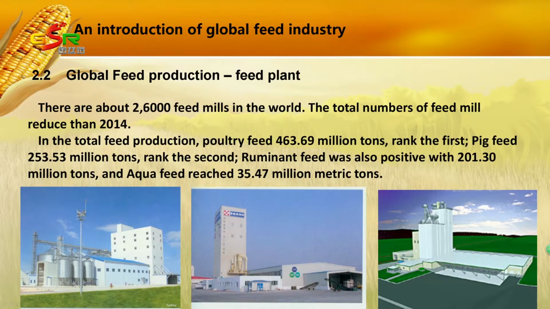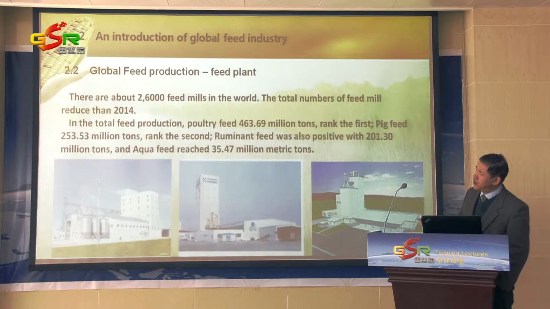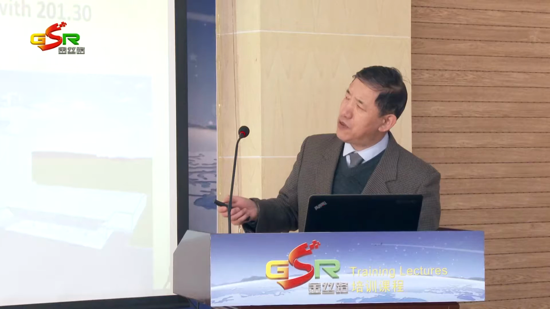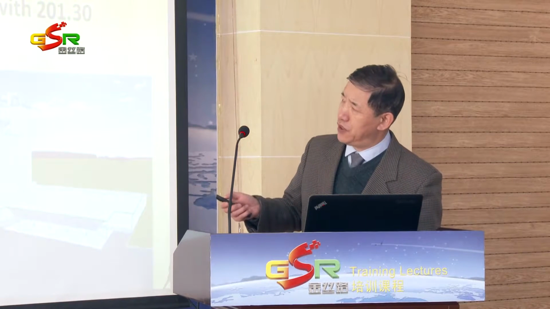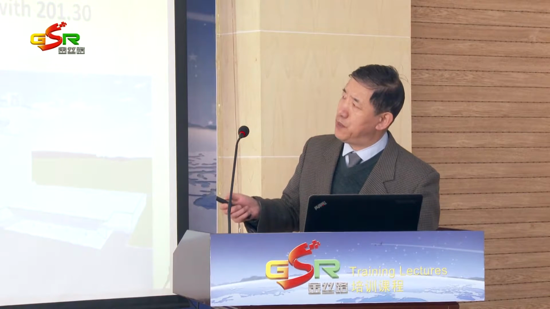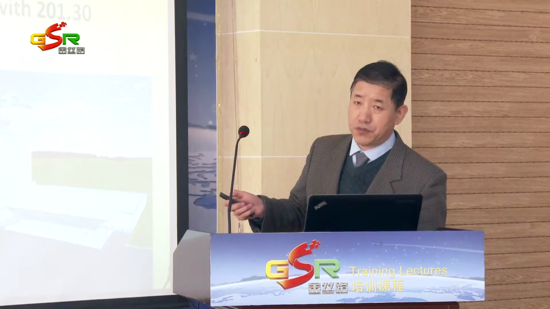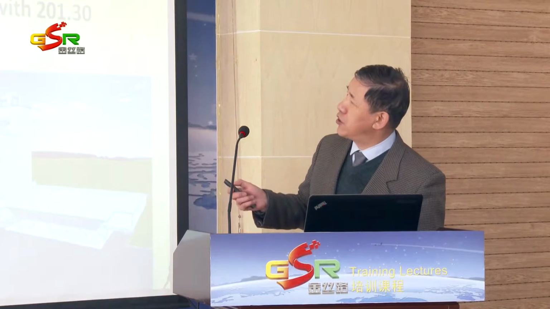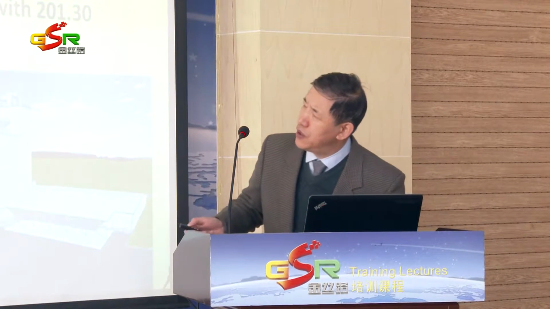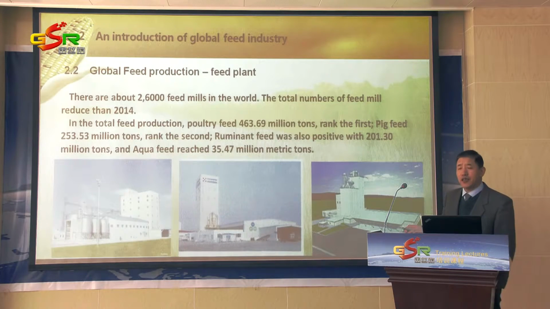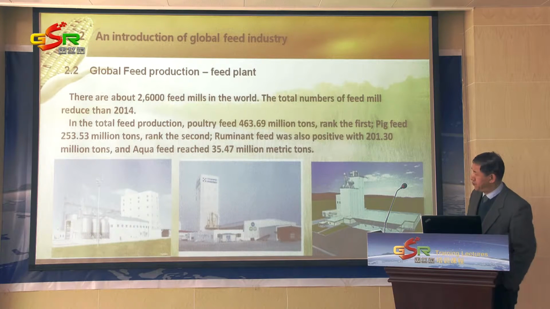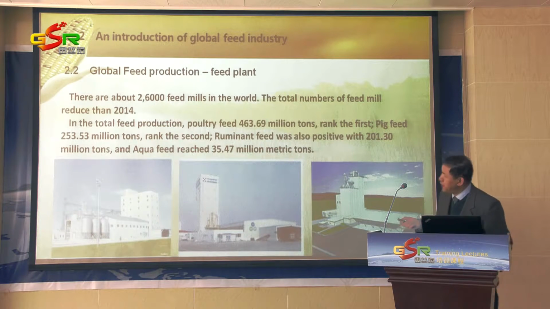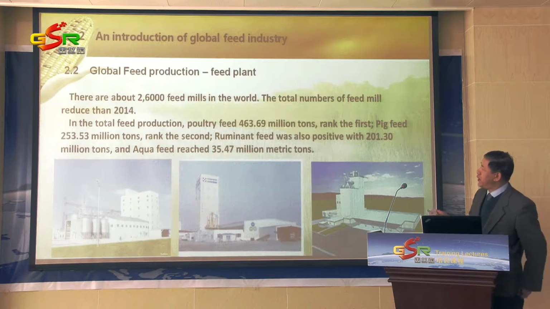And this tells you that in the world there are about 26,000 feed mills. About the total number of the feed mills reduced compared with 2014. In the total feed production, poultry feed ranks the first.